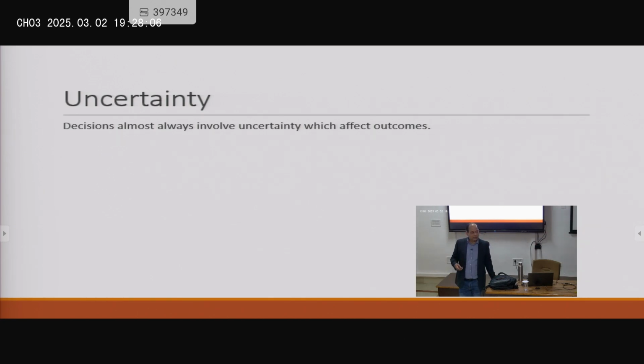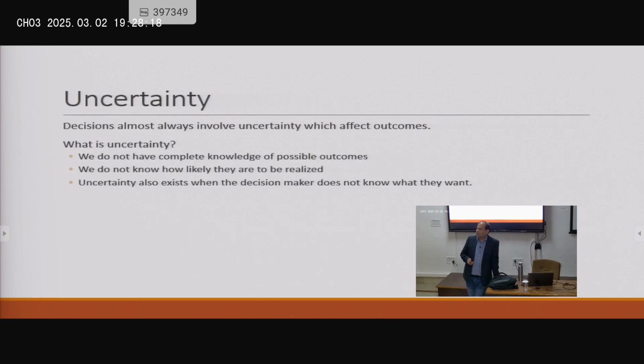Our confidence in the outcome? Right, so it is, we don't have the complete knowledge of possible outcomes. We don't know what things can happen. We don't know how likely they are to happen. And then it also exists when we don't know what we want.